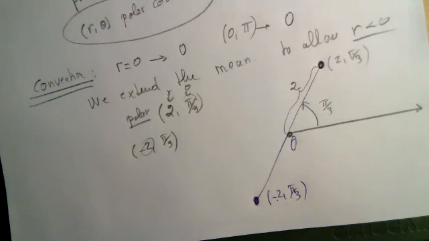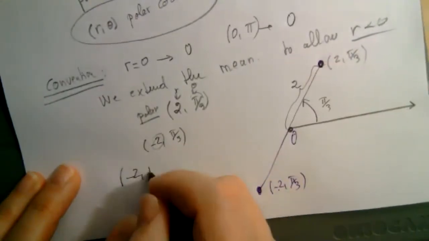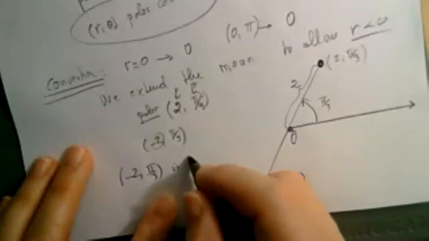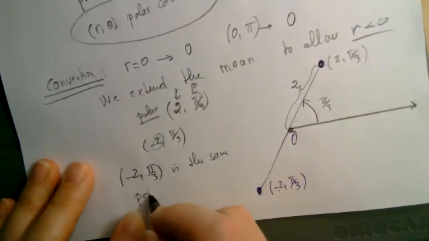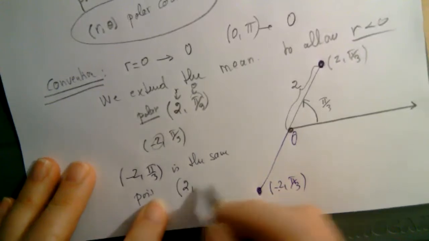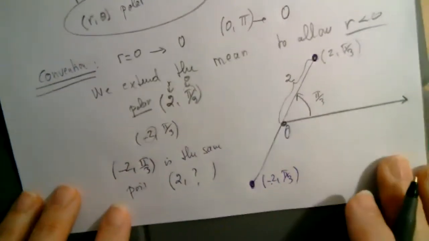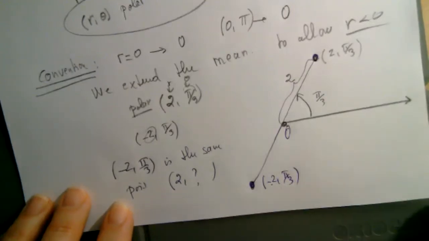So another way you can think about it is that (-2, pi over 3) is the same point as (2, and what?) I want the answer on chat if you can understand the picture.